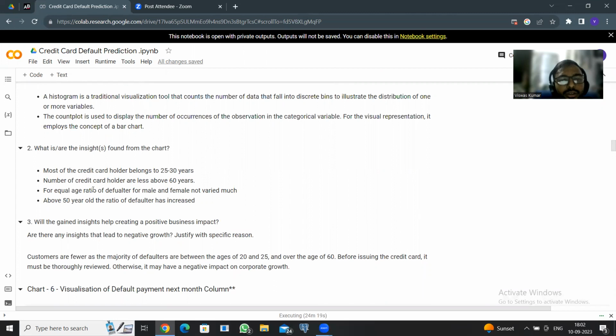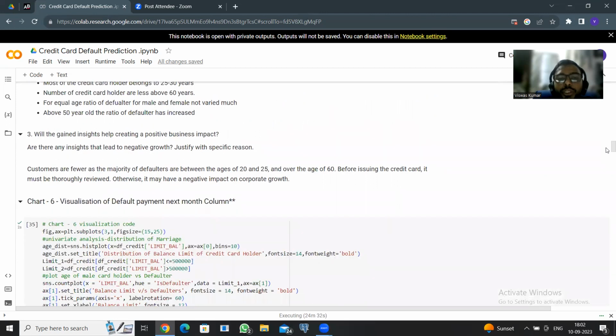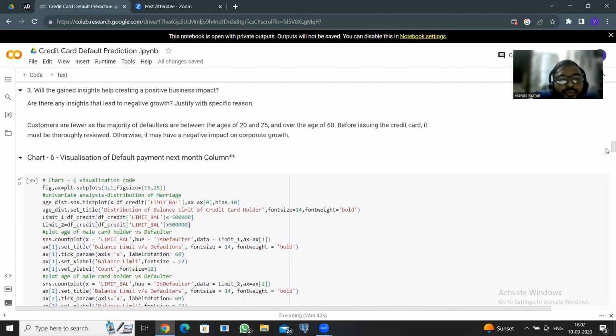Also, we can conclude that the majority of defaulters are between the ages of 20 and 25 and over 60. That is a good feature to look into, as our bank customers will mostly be of these age groups, so they are more likely to default.